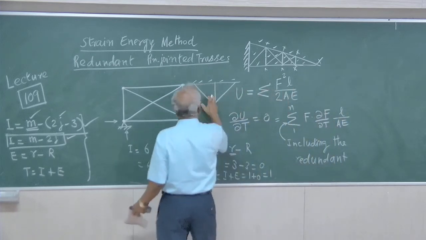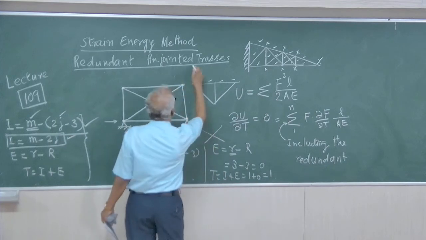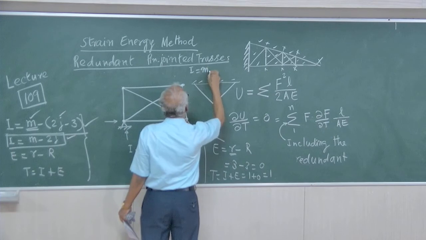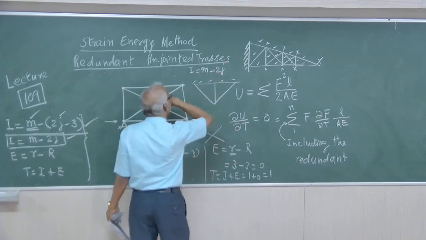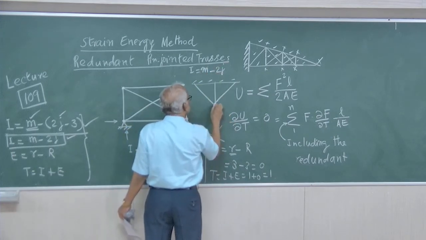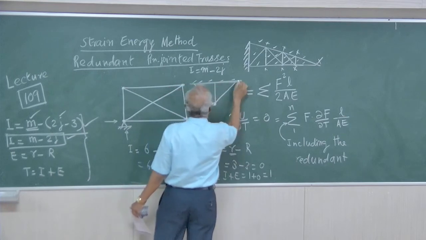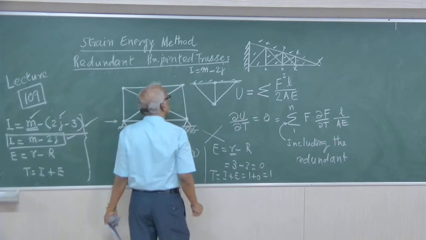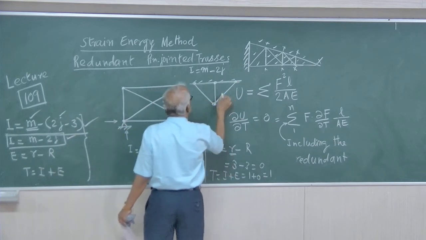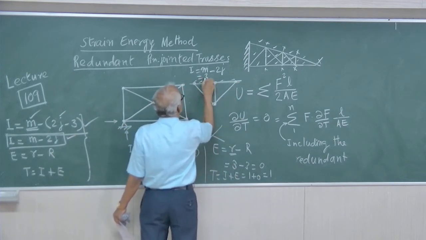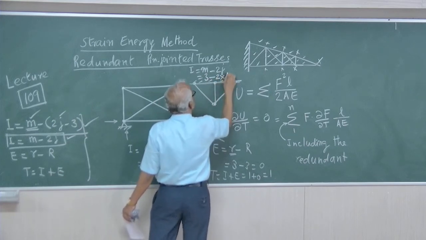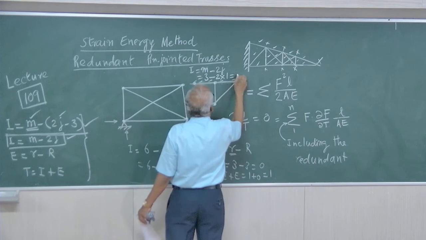Now coming to this truss, I equal to m minus 2j. Here there is only one free joint. This is a fixed joint, and here it is pin jointed. There are 3 members, so m equal to 3, minus 2 into j equal to 1, giving 1.